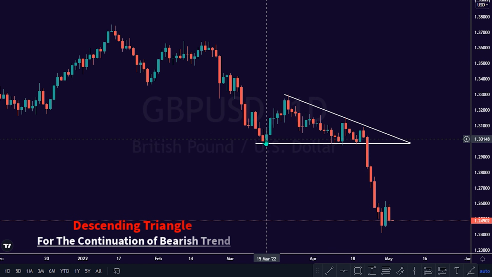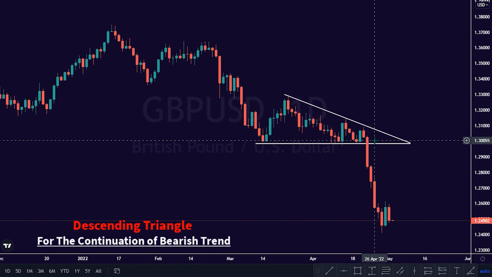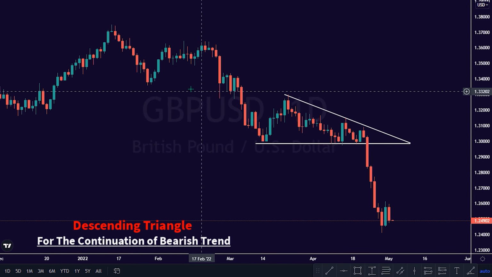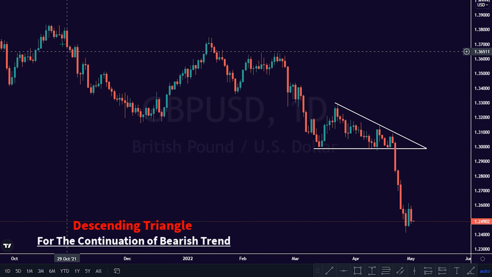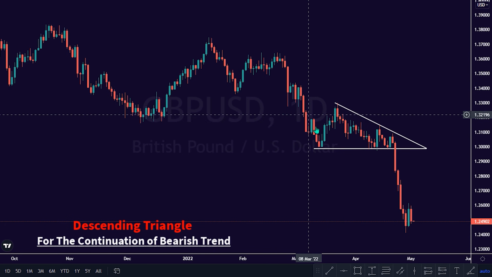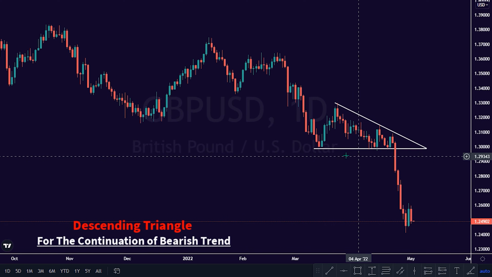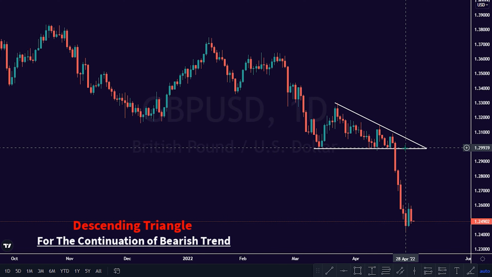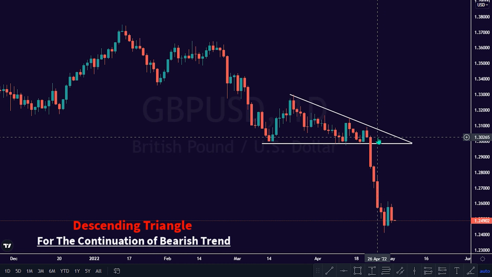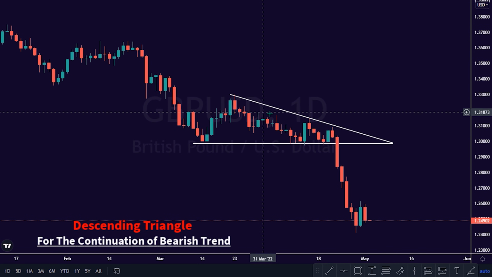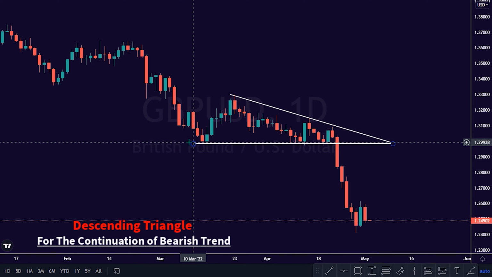To apply the descending triangle for the continuation of a bearish trend, the first step is to focus our attention on a trending bearish market. Whenever there's the formation of a descending triangle chart pattern in a bearish trend, the second step is to monitor closely the reaction of price at the lower horizontal line, which is the support structure of the pattern.